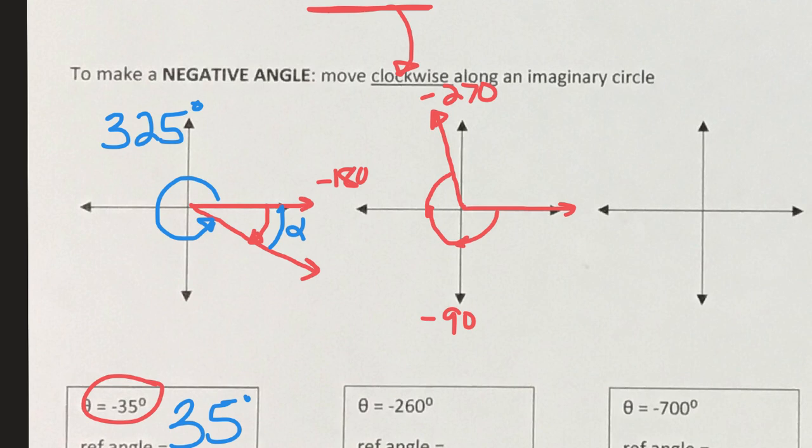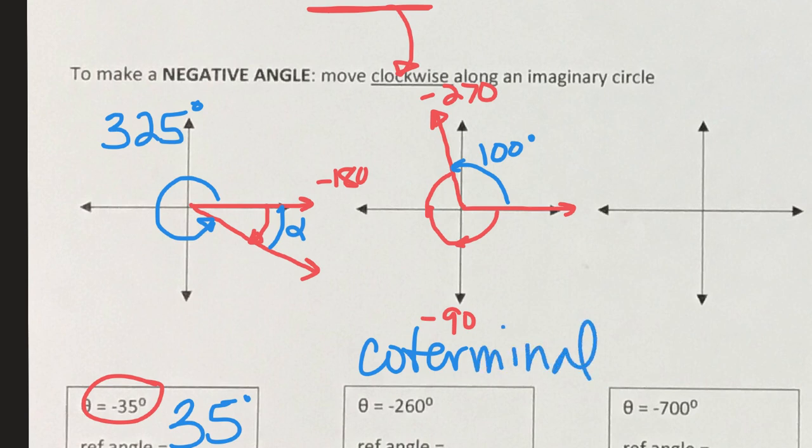Okay, so we could say that a negative 260 degree and a 100 degree angle would be coterminal, because they have the same ending angle. But the reference angle is still what gets us back to your axis. And in this case, that would be, once again, 80 degrees, because we have gone 80 degrees past 180 in a negative way. But your reference angles are always positive and acute.